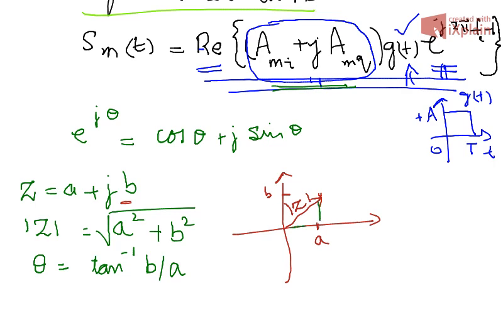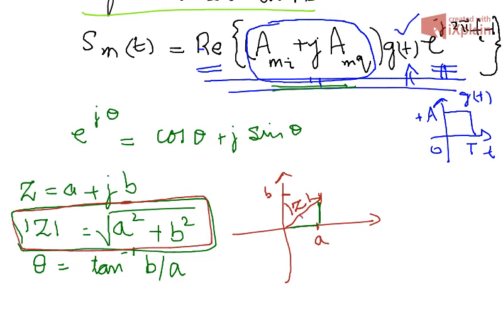You square this and square this, and then take the square root, which we have done here. So this is how we find the magnitude, and of course the theta, which is given in this expression.